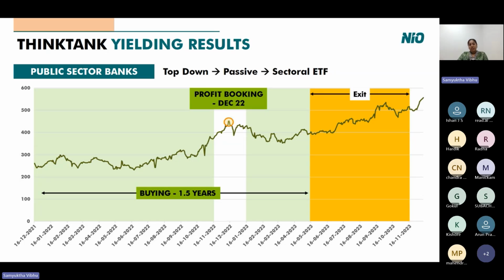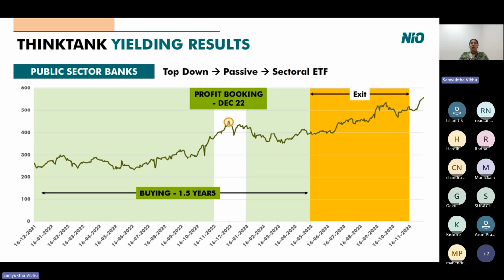So we felt that this was a top-down trade, right? We knew that there was a policy change in terms of the insolvency and bankruptcy code, in terms of the RBI reaching out and telling banks that they needed to tighten their quality norms, they needed to tighten their reporting norms. So all of this was flowing in from top down.